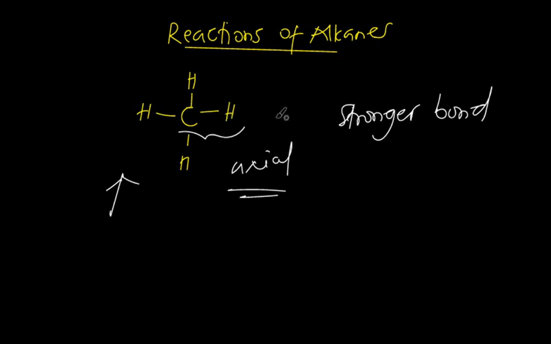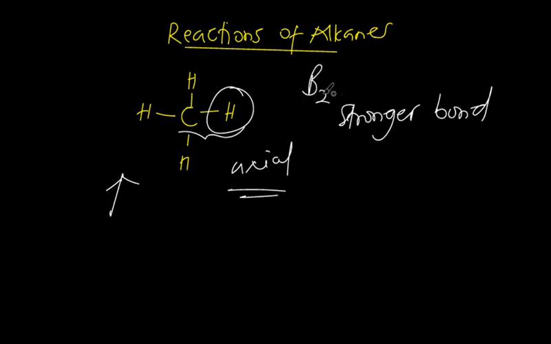So the only thing that can be done over here is for one of the hydrogens or more of the hydrogens to be substituted, and when this substitution occurs, we call the reaction that occurs a substitution reaction. So for example, maybe we have let's say a compound B here.